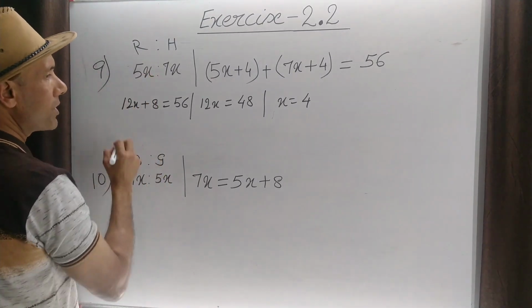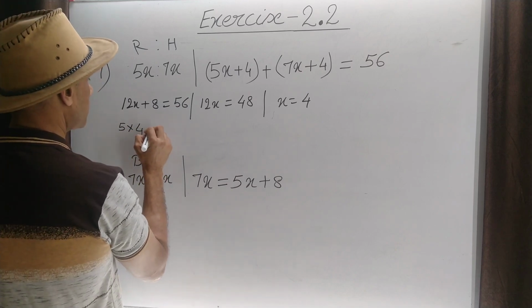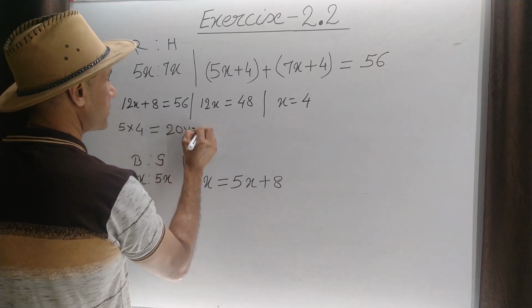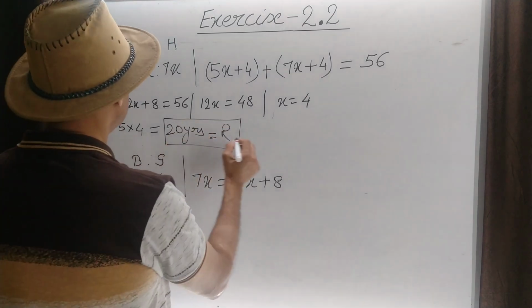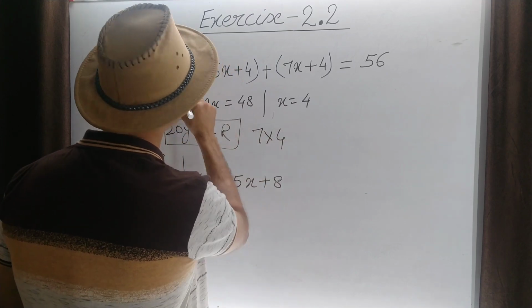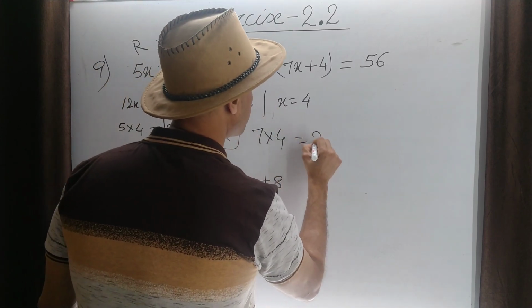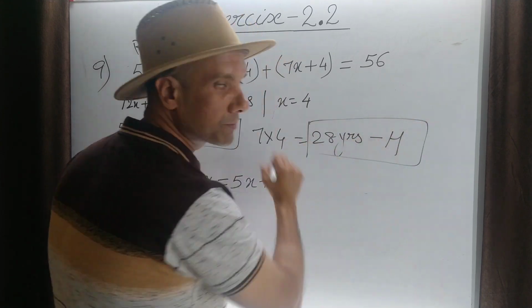It will be 5x, that is 5 into 4, that is 20 years. This will be Rahul's age. And Harun's age will be 7x, that is 7 into 4, that is 28 years. That will be Harun's age. Clear?